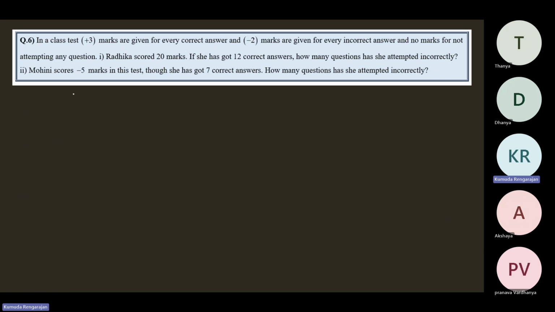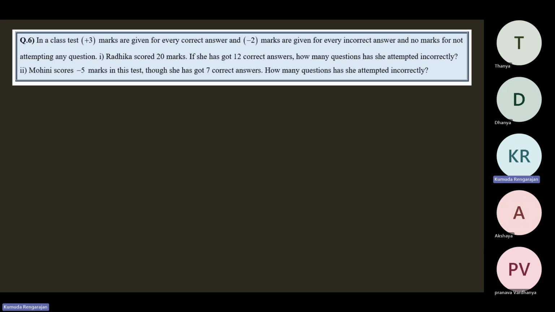Look at this question. In a class test, plus 3 marks are given for every correct answer and minus 2 marks are given for every incorrect answer and no marks for not attempting any question. So if you don't attempt any question, you don't get any marks for that. You don't lose marks also. So you get 0.